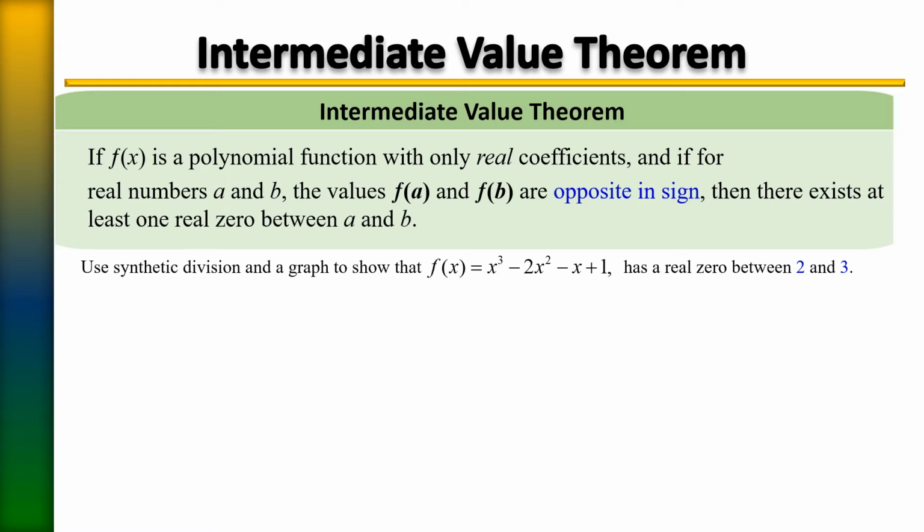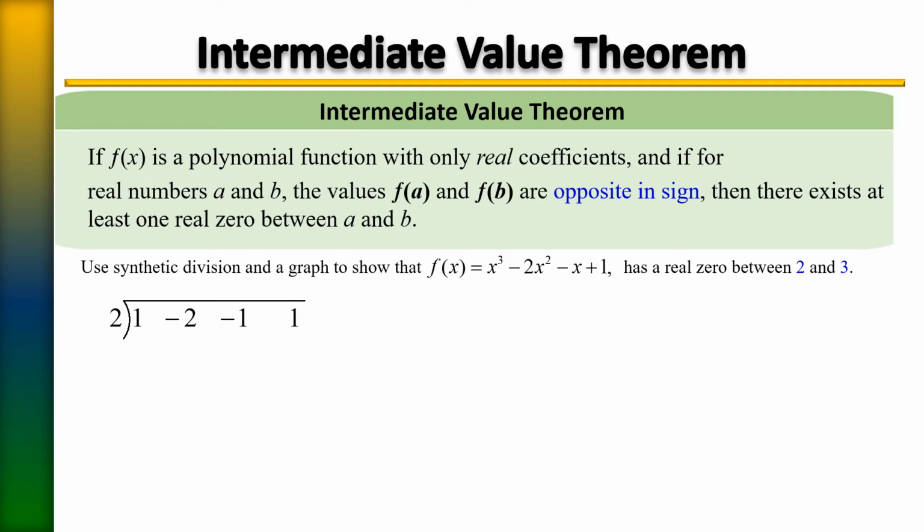To find if there is at least one real zero between 2 and 3, we're going to have to use synthetic division to find f of 2 and f of 3. So you're going to first do the synthetic division with the 2 outside as your divisor, and here we have our coefficients. Let's go ahead and start that process.